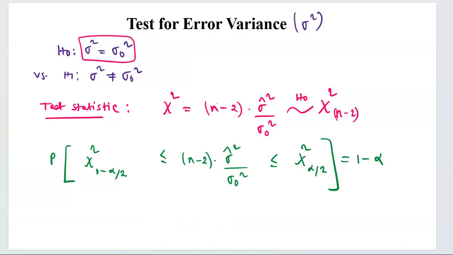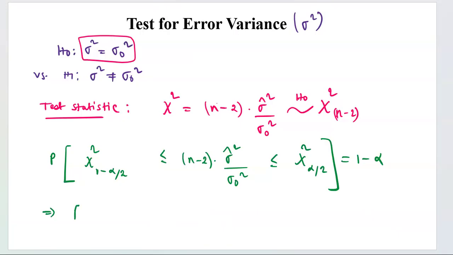Why is this so? Because chi-square is a right skewed distribution which can only take positive values, right? So here you have 1 minus alpha by 2 and here you have alpha by 2. I hope this is clear.